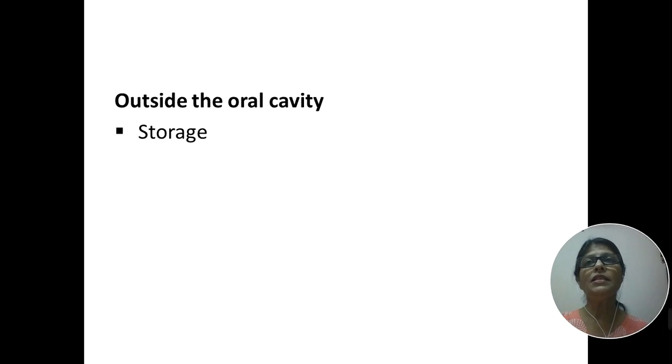Similarly, after its use, with the knowledge of the properties, one can store the material. For example, if you have made an impression with a particular impression material and if you have the knowledge of that impression material, you know how long the impression can be stored outside the oral cavity before pouring it and in what conditions it has to be stored.